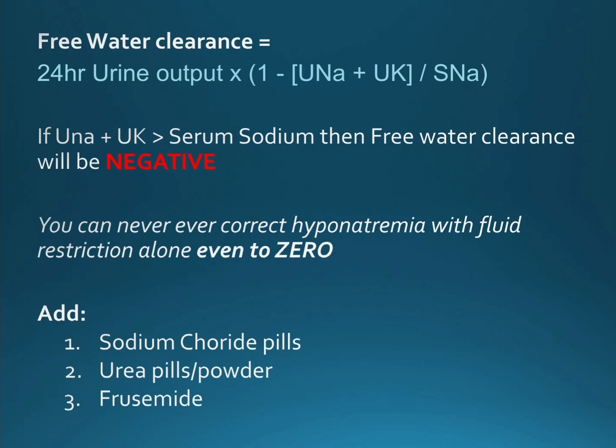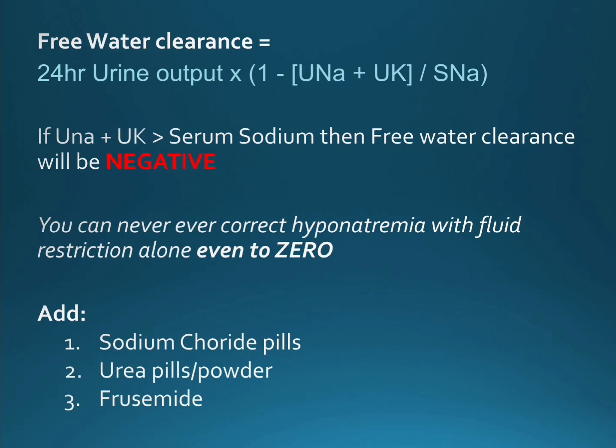If the sum of this equation, okay, addition of the urine sodium and urine potassium together, if it's greater than the serum sodium level, then you can never ever correct SIADH hyponatremia with free water restriction alone or with fluid restriction alone. Even if you kept the patient NPO, it will not correct, okay? Because it's a negative equation, okay?